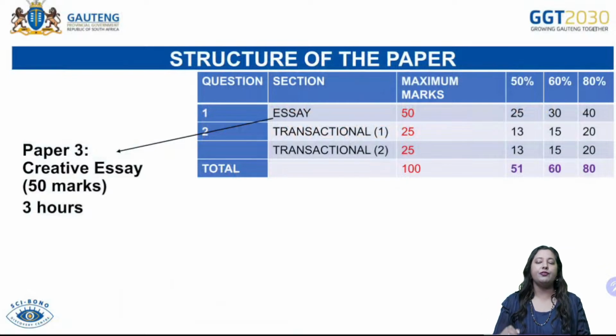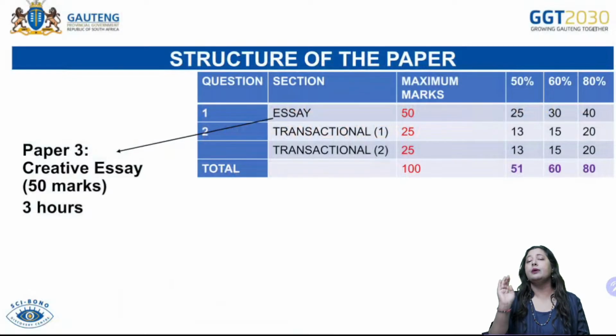So we're saying if you're looking at ensuring that you want to sit between that 50 and 60% in paper 3, please target between 25 to 30 marks on your essay alone. All right. And then on the 2 transactionals, target at least 13 marks out of the 2 topics.